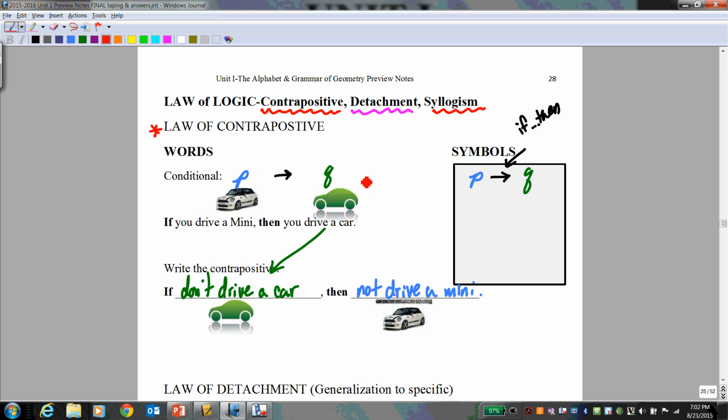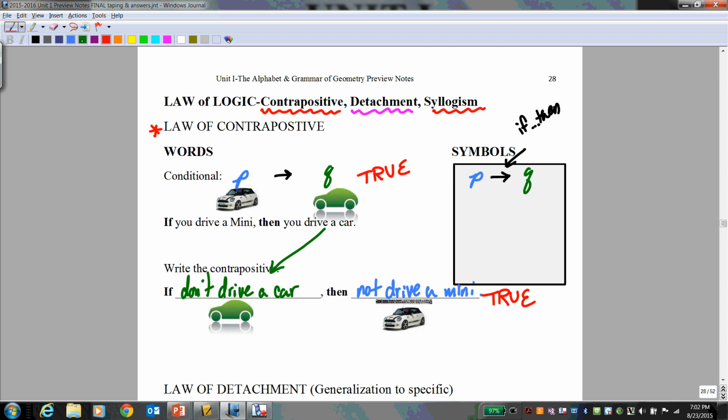Our conditional is true. If you drive a Mini, then you drive a car. Yeah, it's true, because a Mini is a car. If you don't drive a car, then you've not driven a Mini. That's also true.